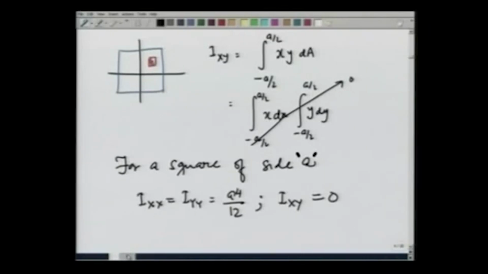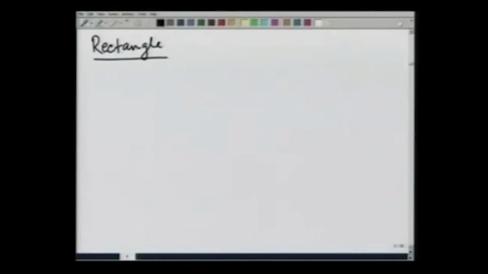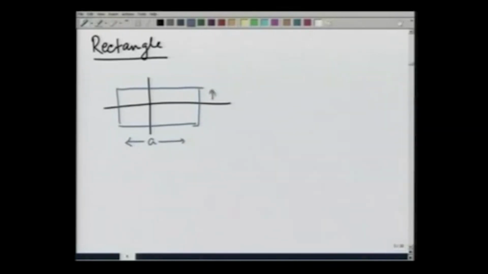As a second example, let me take a rectangle of length A and width B, placed symmetrically about the origin. So this side is precisely a by 2, and so is this. It's not made to scale, but please understand this is a by 2 on both sides, and I want to calculate Ixx.